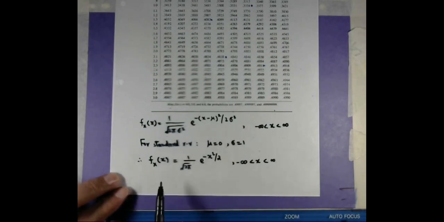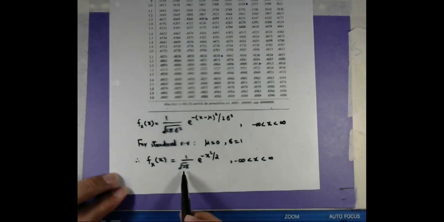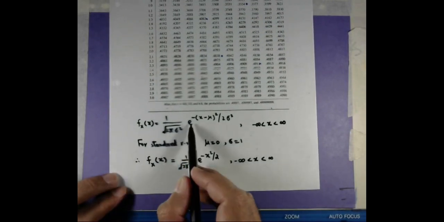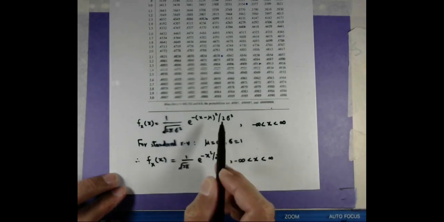So if we put mean equal to 0, sigma equal to 1, this term becomes 1 over the root of 2 pi, and this term becomes e raised to power minus (x minus 0) whole square divided by 2. So for this standardized random variable, statisticians have already calculated a table indicating the values of the standardized random variable z.